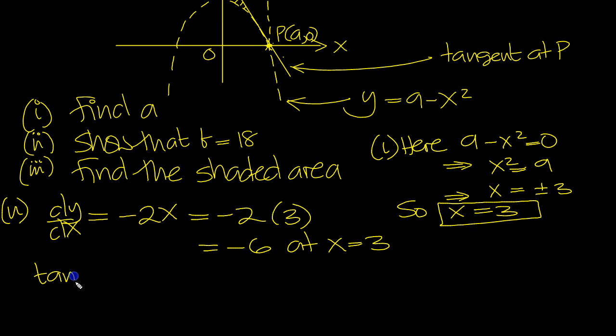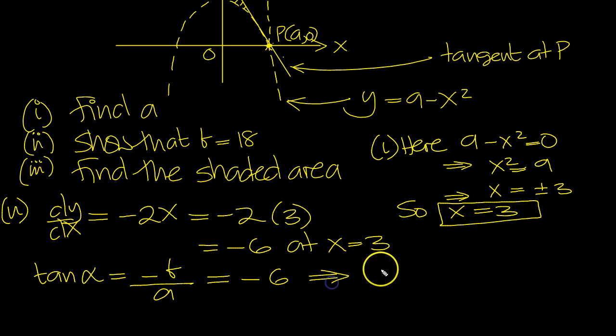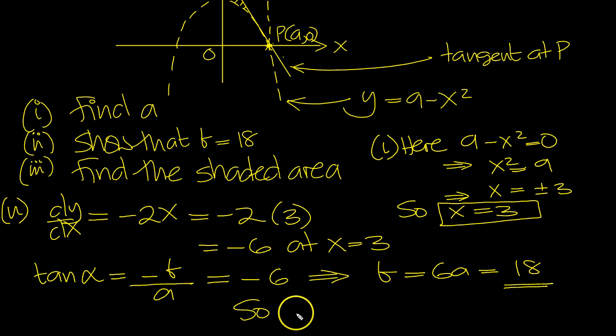So tan alpha is equal to minus B, because it's going downwards, over how much it goes along, A. The tangent of the angle alpha is the gradient, which is minus 6. A is 3. So that tells us that B is equal to 6A, which equals 18. So B is 18. So yeah, that's fine. B is equal to 18. So that's that one done.